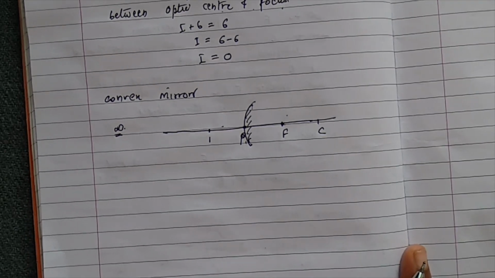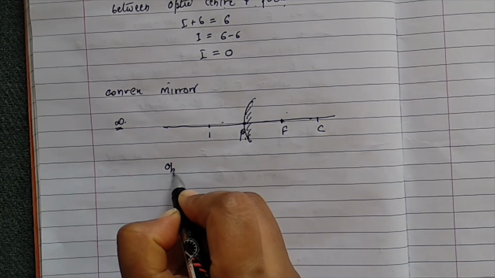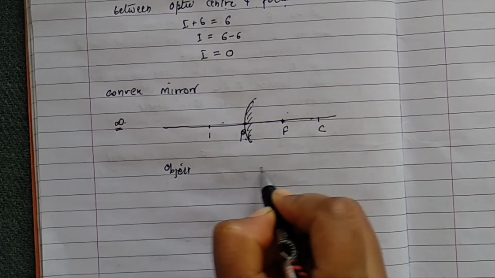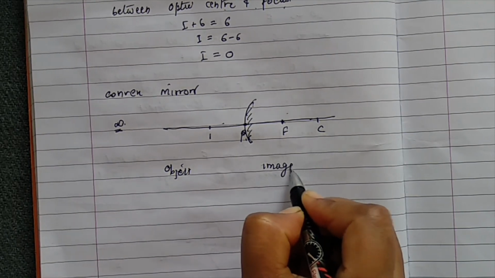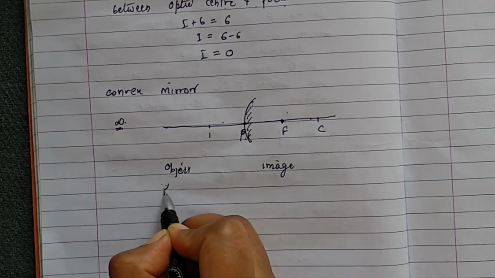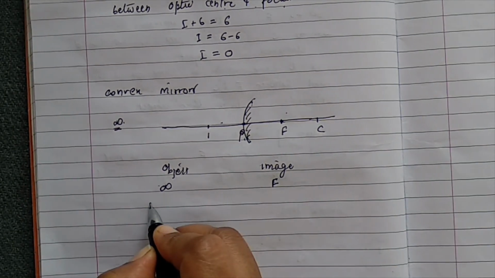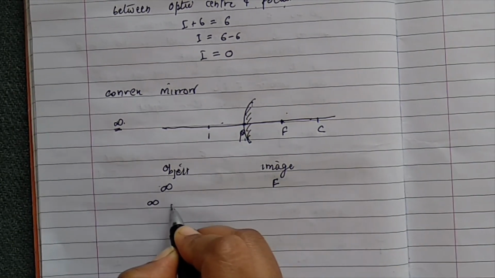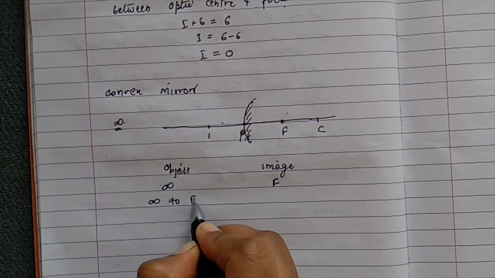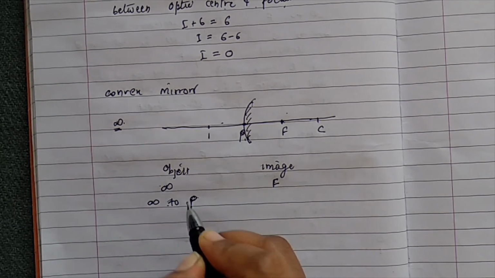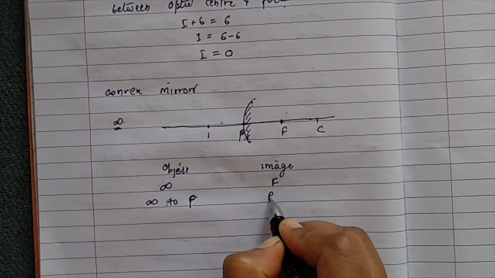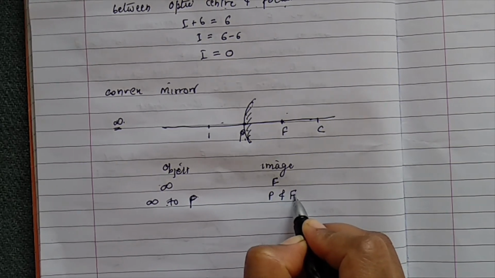So let's see the summary. Object and image. If the object is at infinity, the image will be at focus. If the object is anywhere between infinity and pole, the image will be between pole and focus.